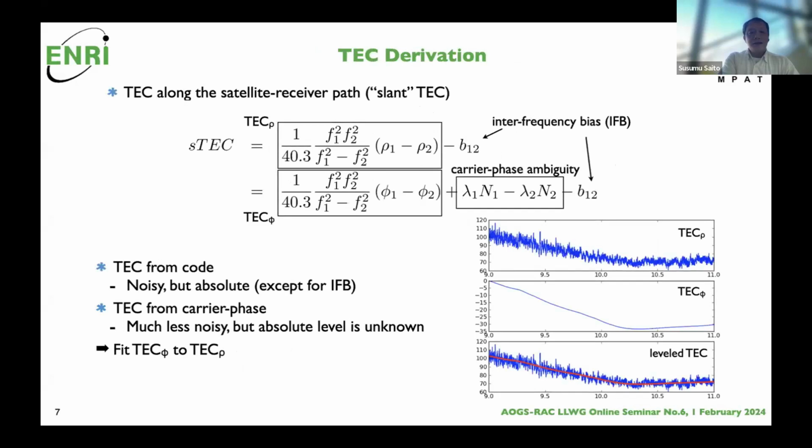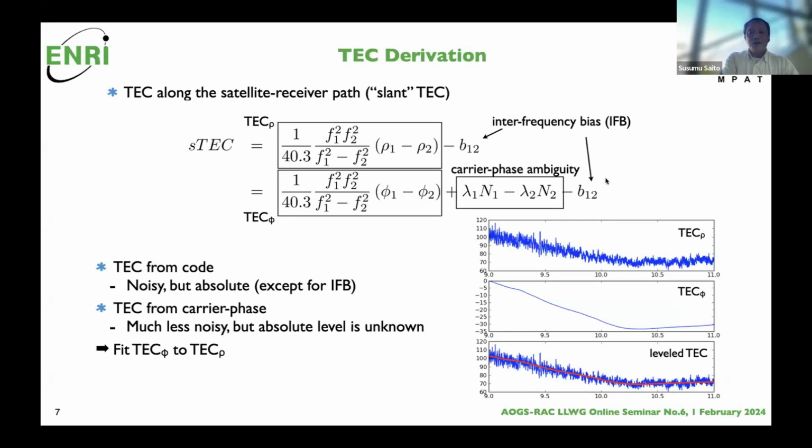The TEC along the satellite-receiver path, or slant TEC, is estimated by using the linear combination of the carrier phase measurements of the two frequencies.